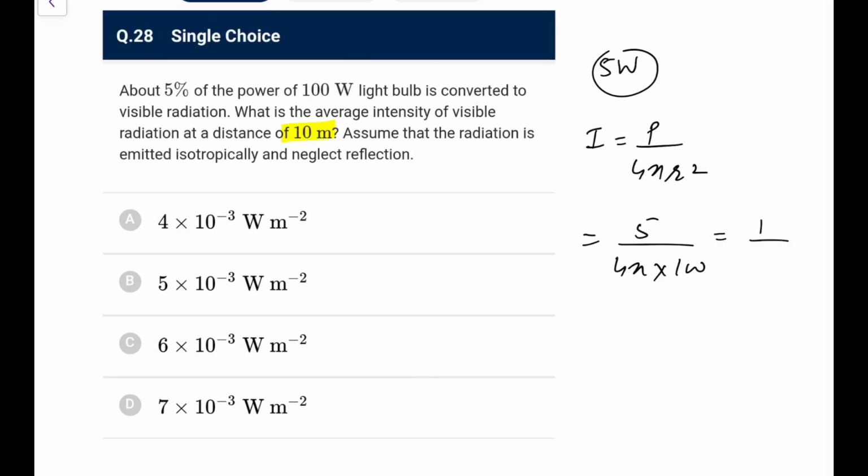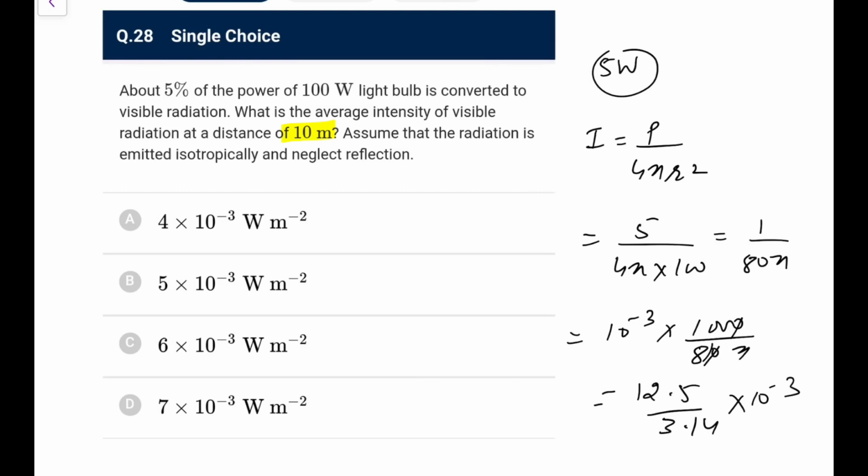So it becomes 1 by 80 pi, that is 10 to the power minus 3 into 1000 upon 80 pi, which is 12.5 upon 3.14 into 10 to the power minus 3. So it would be approximately 4 into 10 to the power minus 3 watt per meter square.